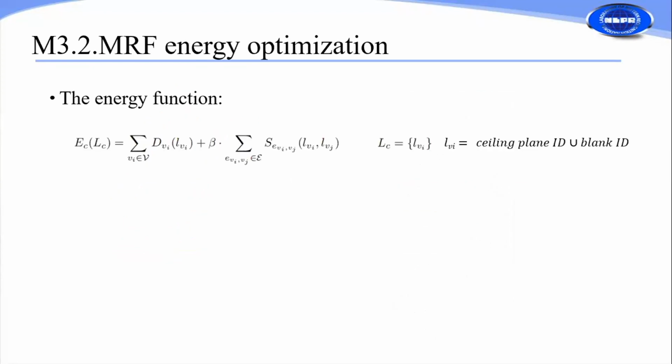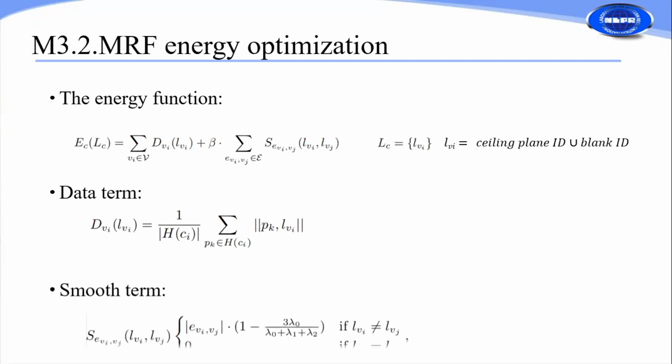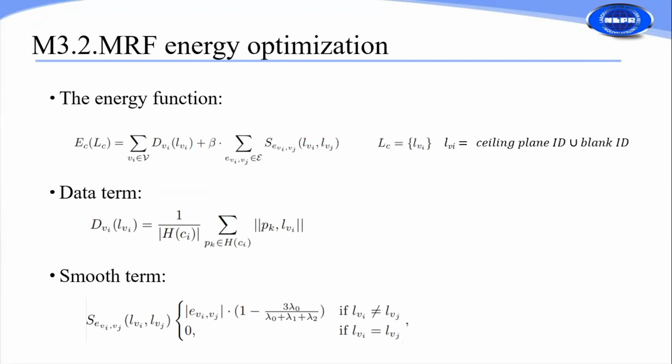Then, for recovering ceiling structures, we define an energy function on arrangement cells and minimize it to give each cell a ceiling plane label. The energy function includes two terms. The data term measures the fitting degree of the point set in each cell to a plane, and the smoothness term penalizes the different label assignments of adjacent cells.